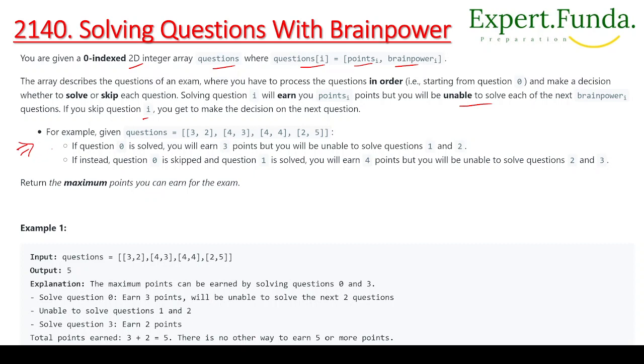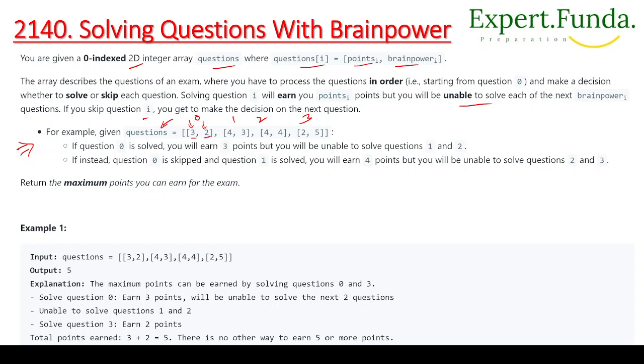So for any example, we have been given the list of questions in an array, where the first value is points and the second is the brainpower. Let's suppose these are at index 0, 1, 2, 3. If question 0 is solved, you will earn 3 points. But then you have to skip the next 2 questions.